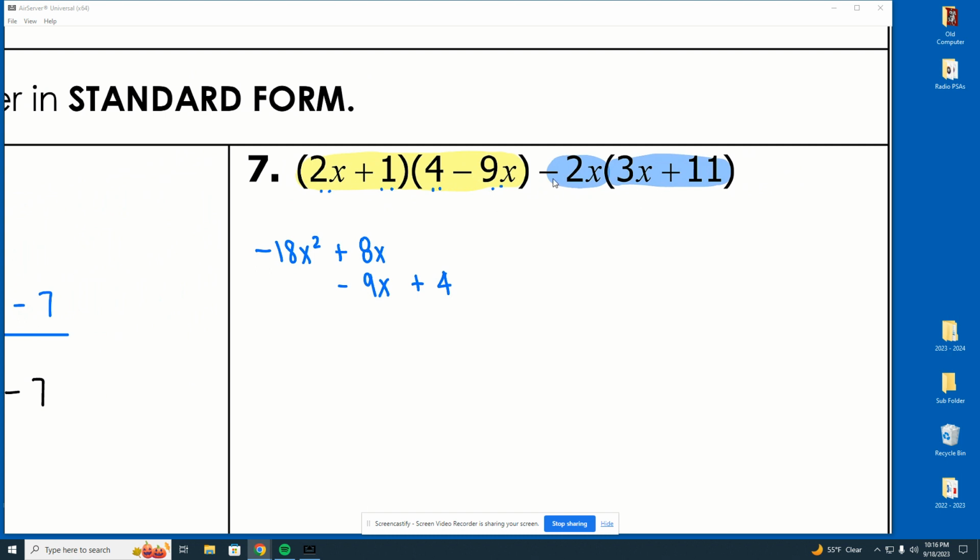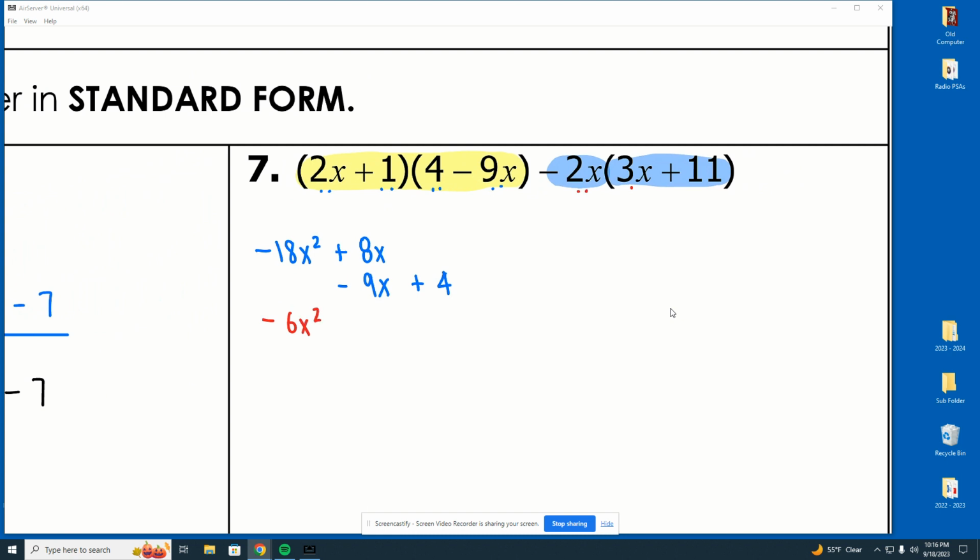We're simply distributing negative 2x to 3x plus 11, and then that will allow them to combine with their like terms. So what is negative 2x times 3x? Well, negative 2 times 3 is negative 6, but x times x is x squared. So that's going to go right here underneath the negative 18x squared.